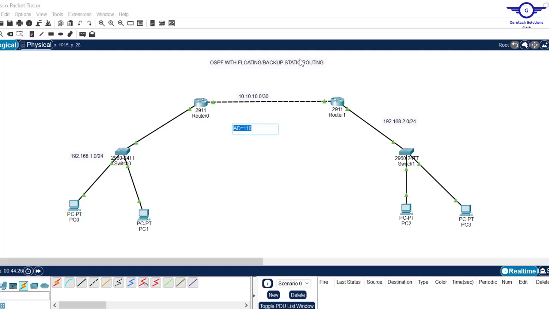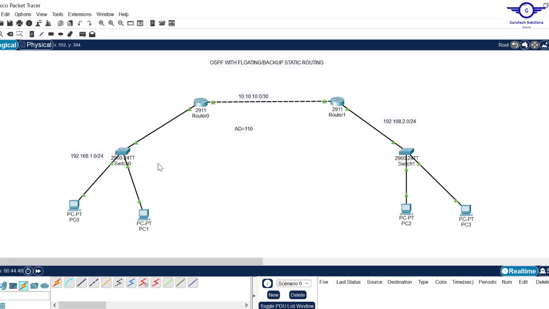So the backup should have an administrative distance which can be 120, 130, 140, or even 170, something like that, because the routing protocol with the lowest administrative distance is the one that will be used.